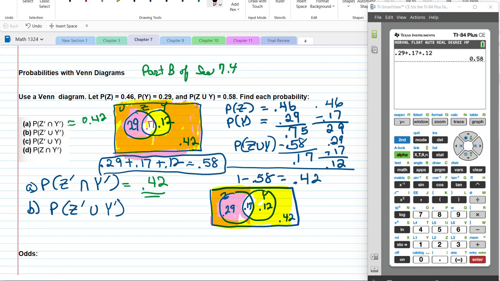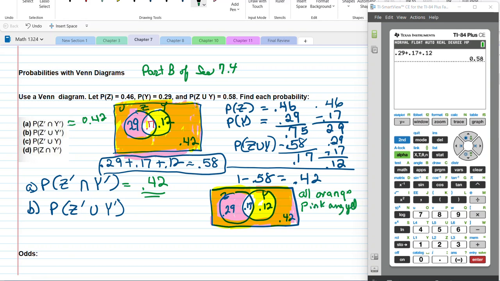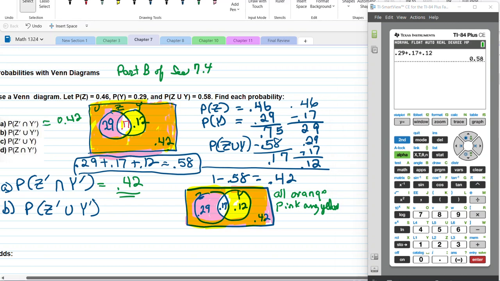And they're saying, well, what it means is all of the orange and the pink and the yellow. So the only thing we have that is not included is the 0.17.